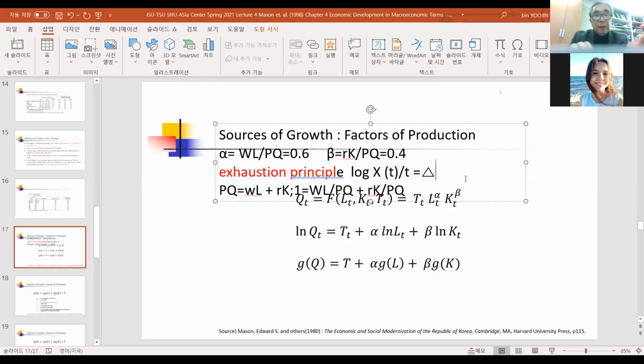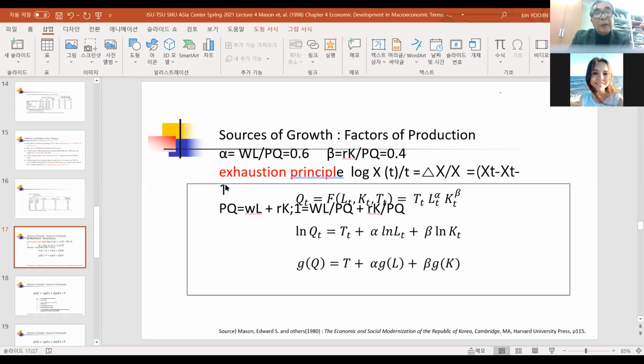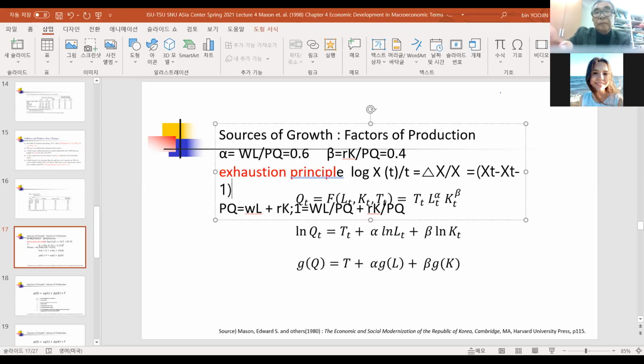Okay. So delta x divided by x. So the difference, if I express it differently, it should be xt minus xt minus 1, the whole thing divided by xt minus 1.